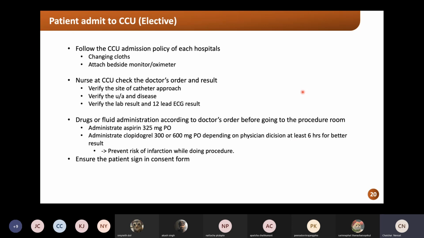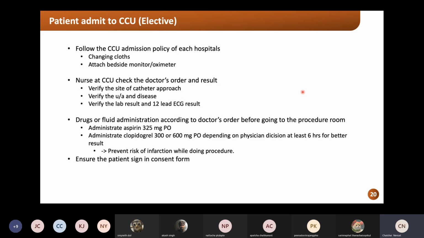And after that, the patient will be admitted to the CCU, and you will see that the patient will change clothes according to the CCU policy in each hospital and be attached to the bedside monitor and pulse oximeter as well. And the nurse at the CCU will check the doctor's orders and results in the IPD chart.